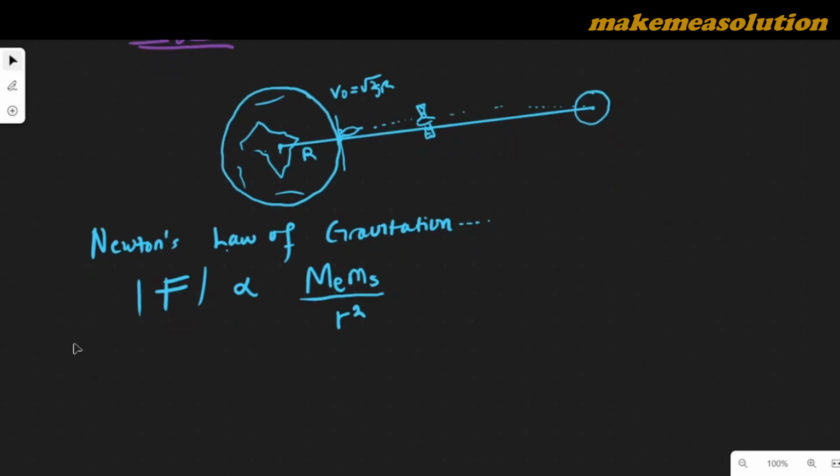This is the statement of Newton's law of gravitation. So the magnitude of this force is equal to a constant of proportionality times the mass of the Earth times the mass of the satellite, over r squared. Let me take this statement as my equation 1.